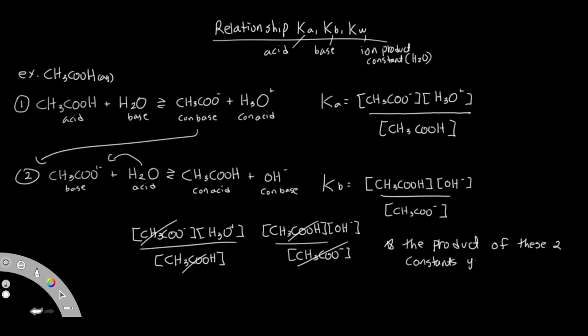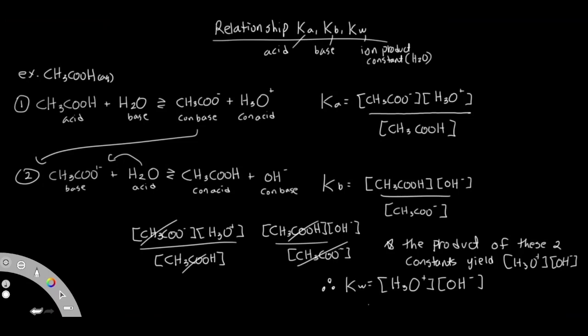Create or yield our hydronium and our hydroxide. What does this mean? Well, this would mean that our Kw, remember our ion product constant, is therefore going to equal our hydronium and our hydroxide.